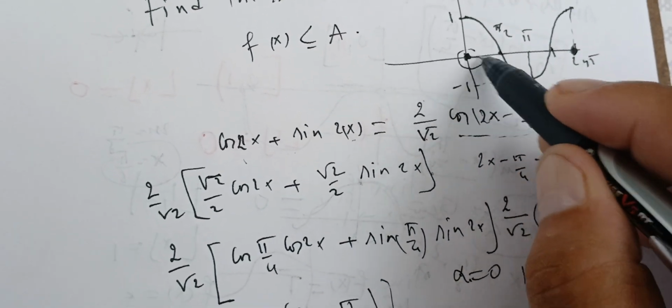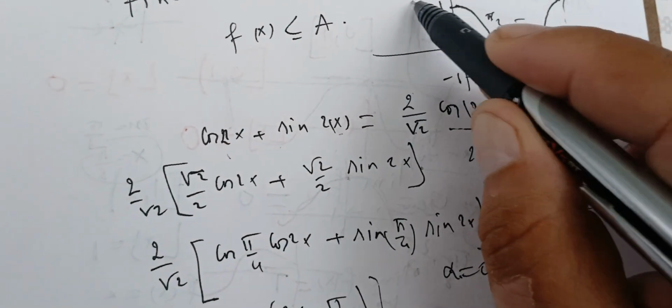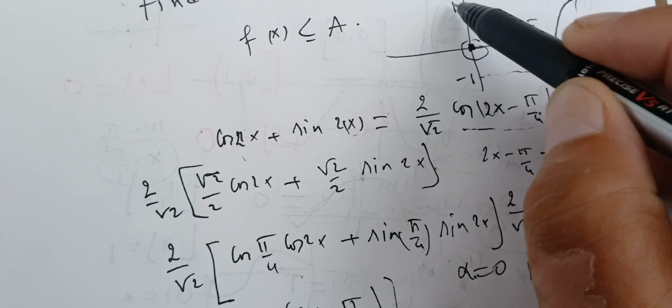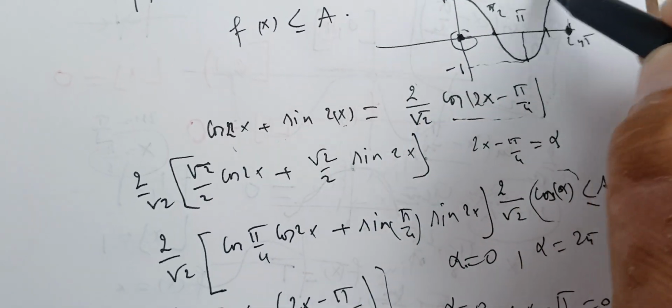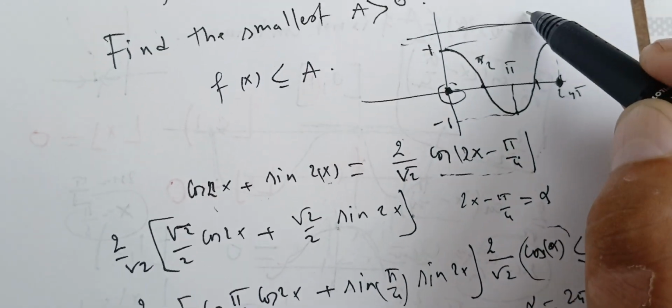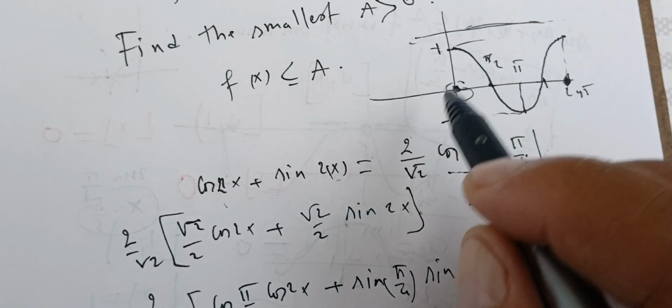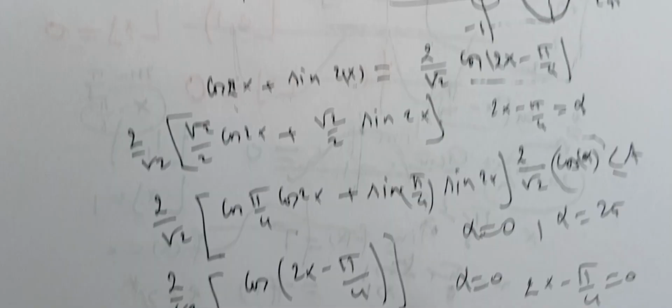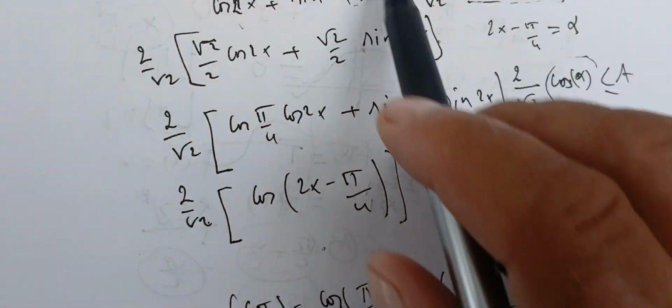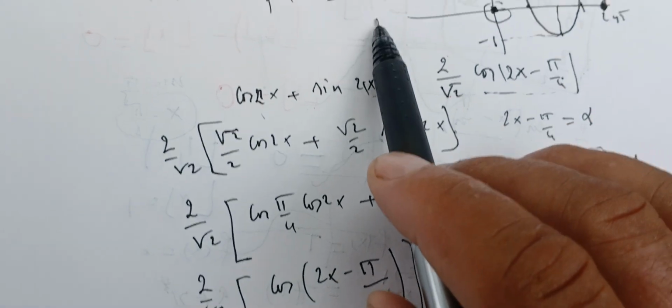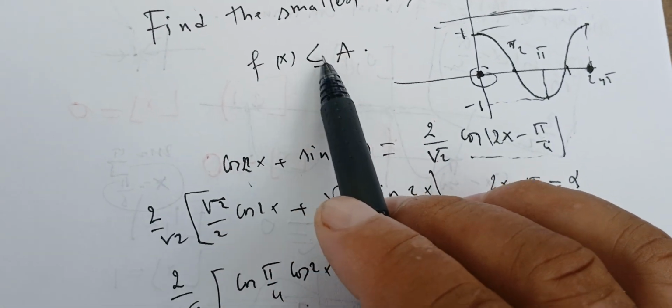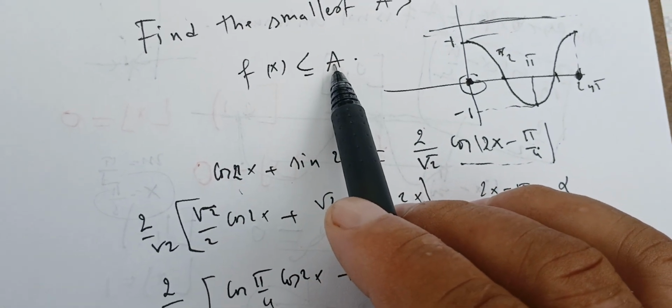If I focus on one, the others will repeat. So here, my function is going to be less than the square root of 2 if I graph it. So the square root of 2 works, and it's the smallest value possible such that f of x is less than or equal to this a.